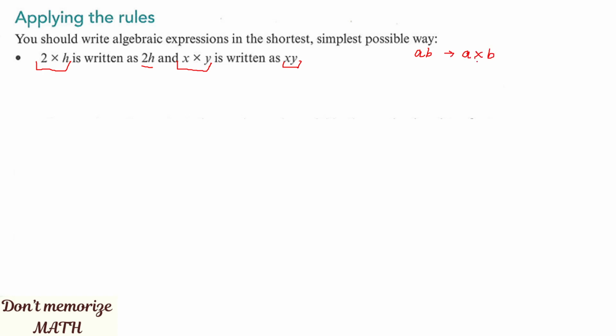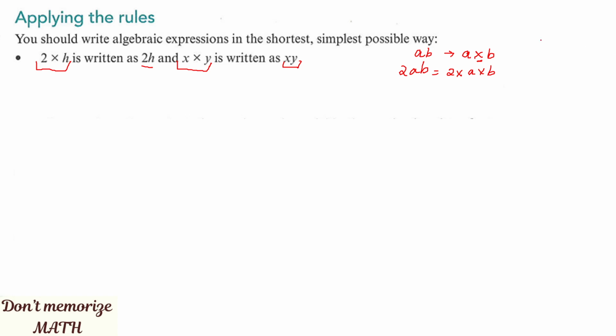We won't write the multiplication sign if we have variables, or letters, like this. In algebra, letters coming together, like 2ab, mean 2 times a times b. Whatever letters or numbers come together, that means multiplication.